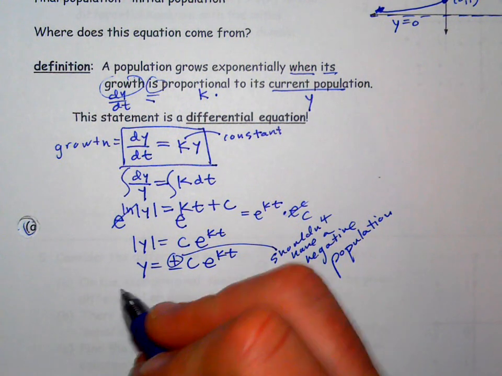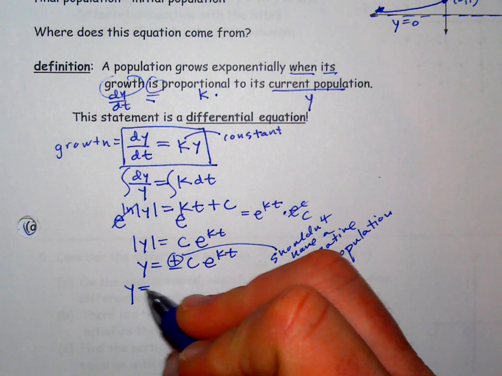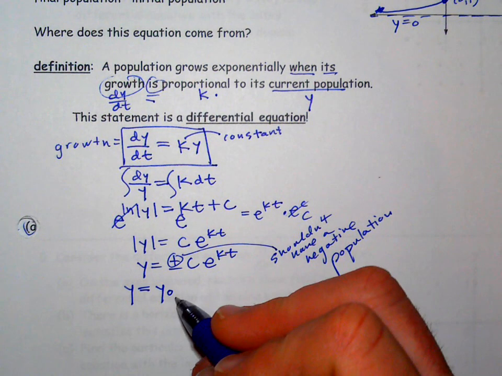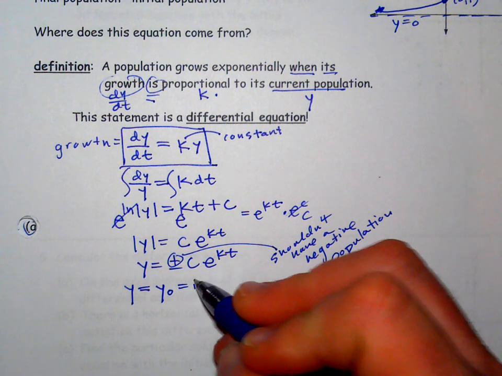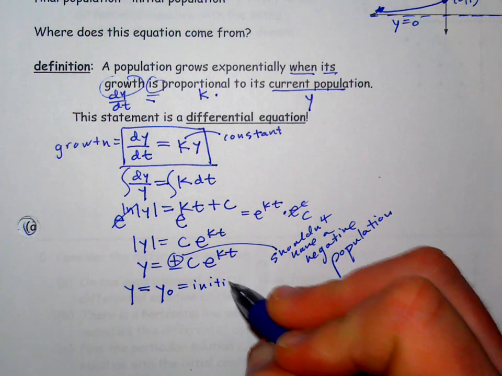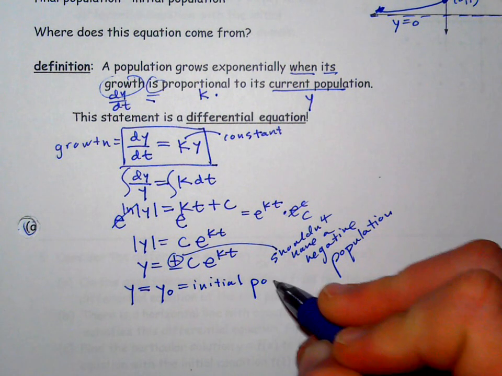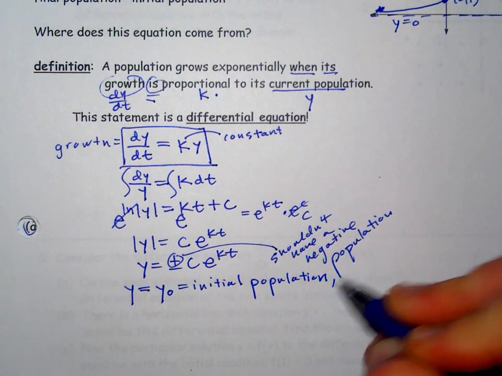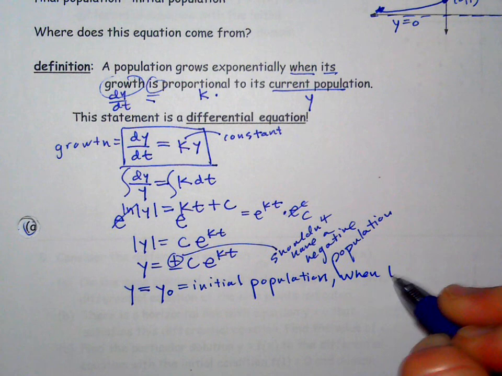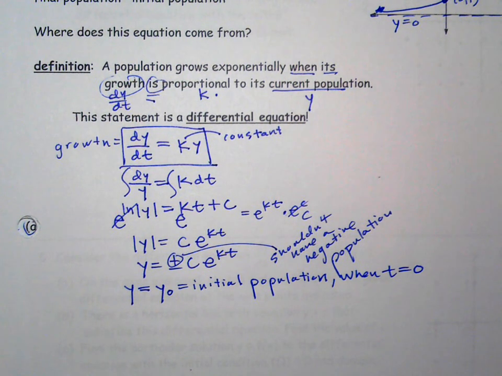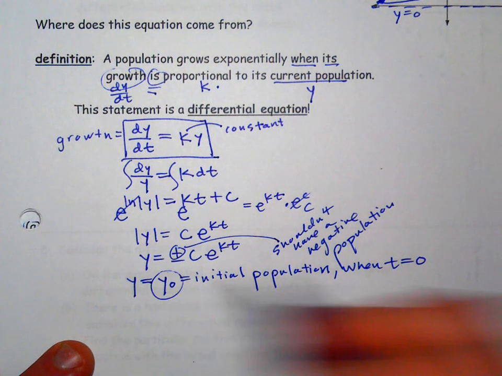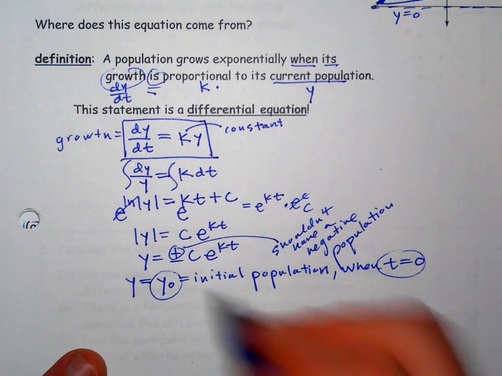Now, the initial condition, which we could have used earlier, but we often use the initial population, y sub 0, is the initial population, and that is when t equals 0. Well, let's go and use that as our initial condition. That's the y value, that's the t value, and plug those in.